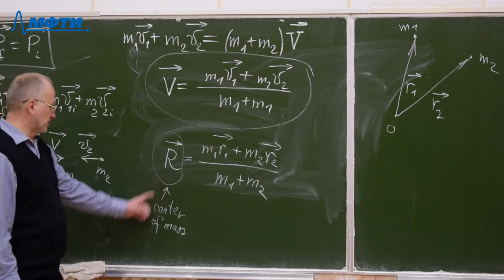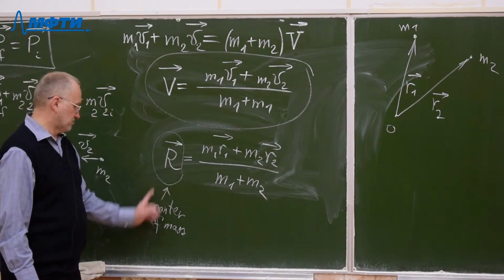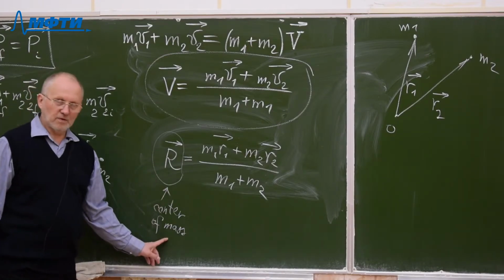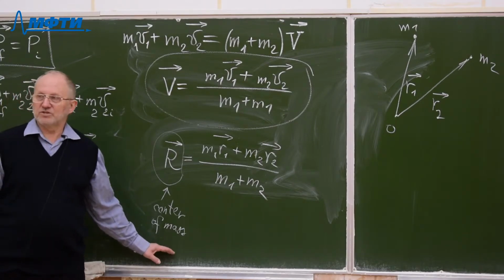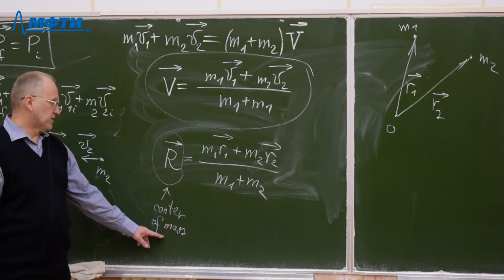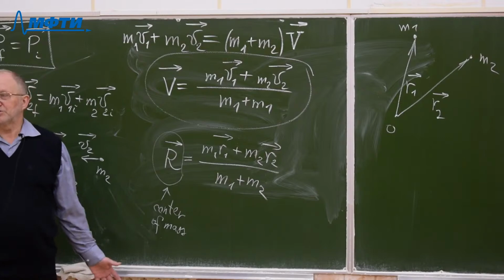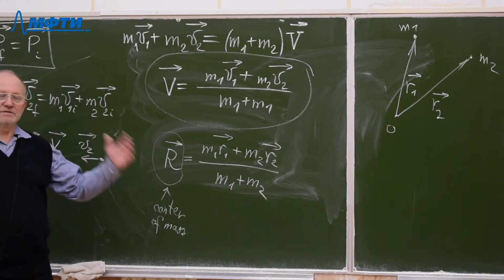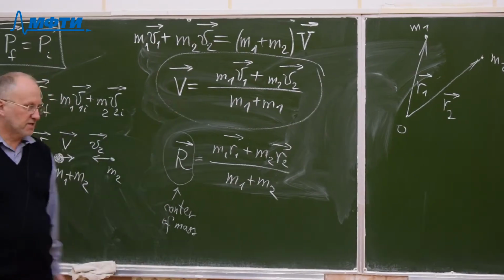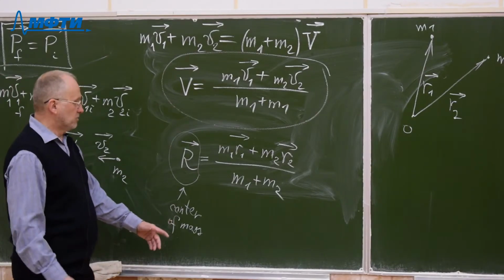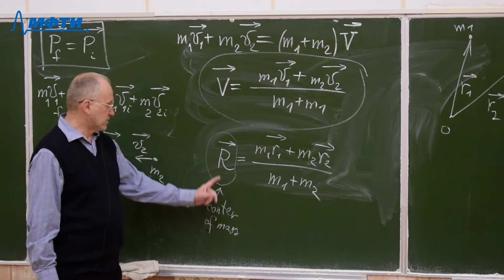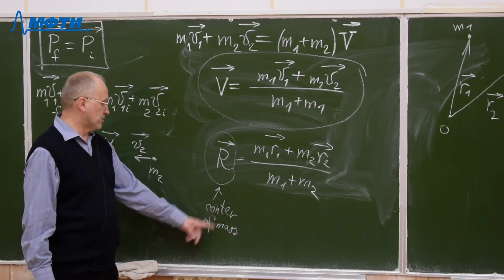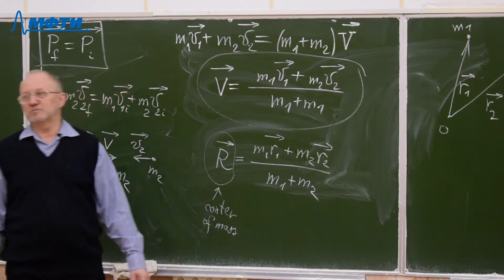Sometimes people call it the center of gravity, which is correct only if you have a uniform gravitational field. But if you have no gravitational field, somewhere in outer space, then there is no reason to call it center of gravity. It's better to call it the center of mass of the system of particles.